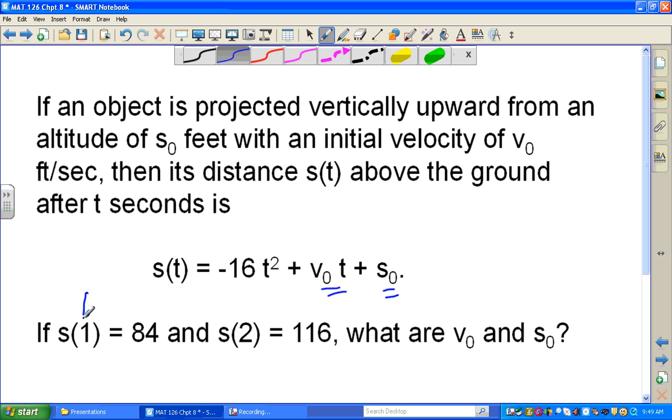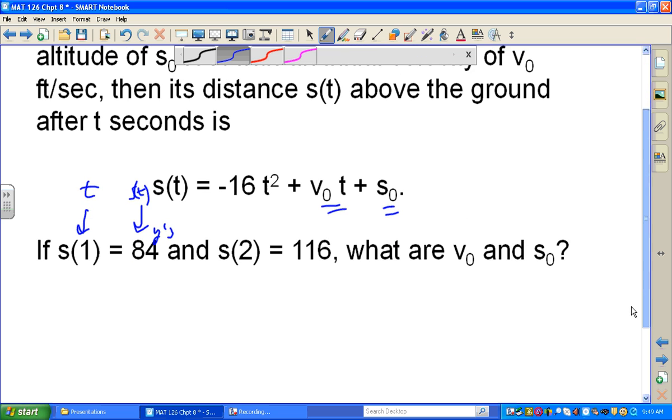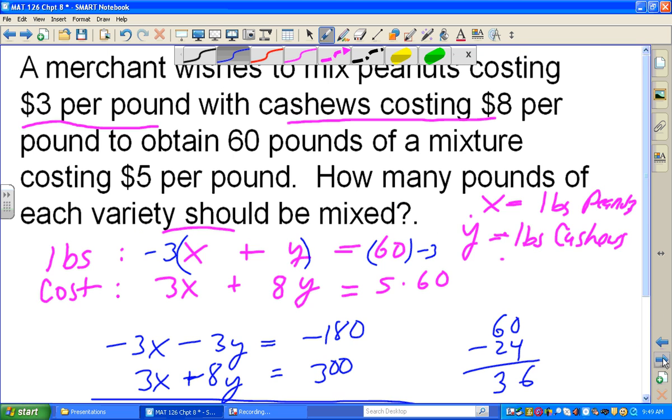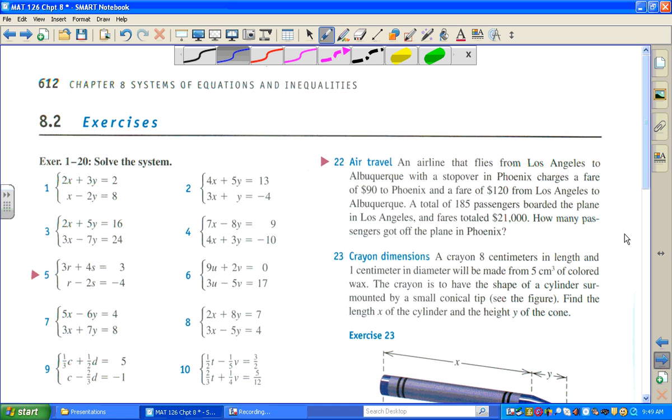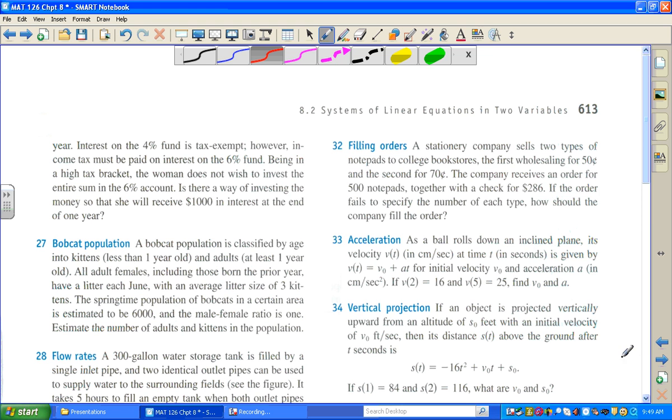This is time, that's time, and this is s of t, kind of like y's. And you just figure it out from there. What page is this on? Page 612.